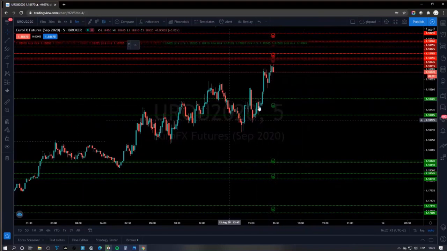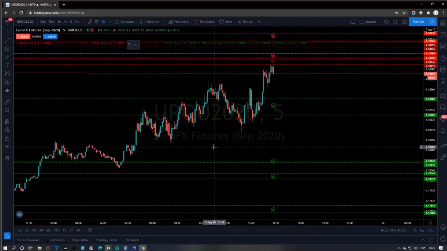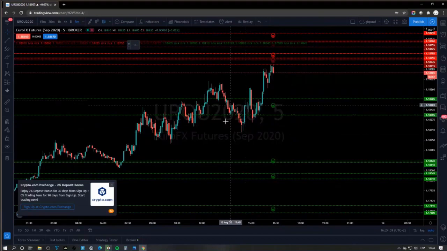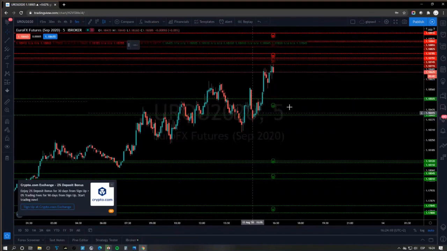Remember that we are buying because that's what the analysis told us to do, right? We are going to buy because the intention of the majority of traders here was to go high. So the sellers were trapped. So we need to go with the winning side. And in this case, we can see how the UFO is telling us to buy around this area.